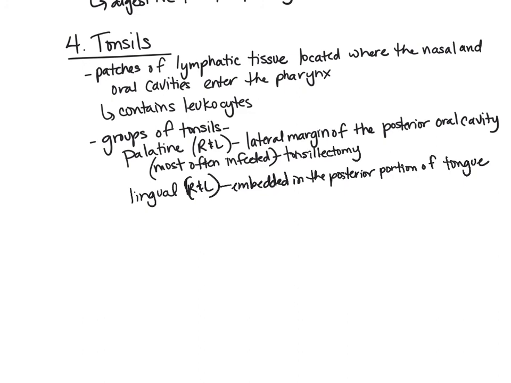And then we have the pharyngeal tonsils. And these are embedded in the posterior wall of the nasopharynx. So again, we're kind of talking throat region. They're in the posterior, so the back side of the wall of the nasopharynx.